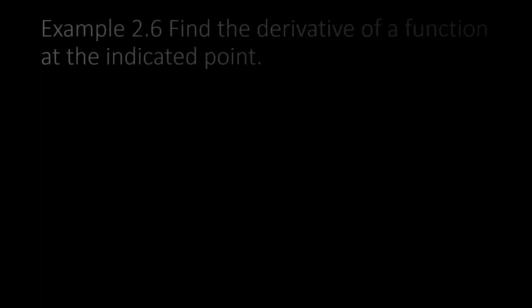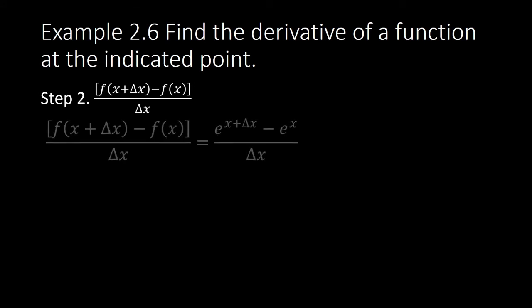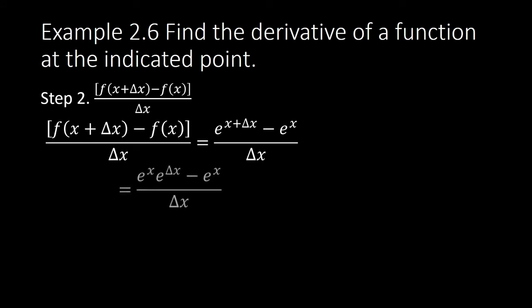We now go to step 2. Let us divide the change in y by the change in x, okay? Now look at this. e to the x plus delta x minus e to the x, divided by delta x, is equal to this. Why did this become this? e to the x times e raised to delta x.